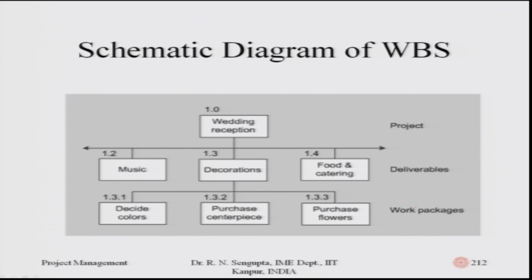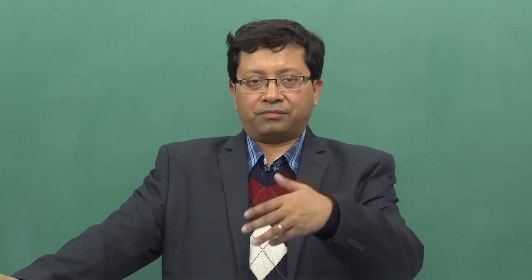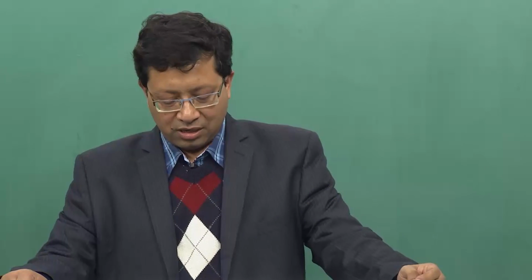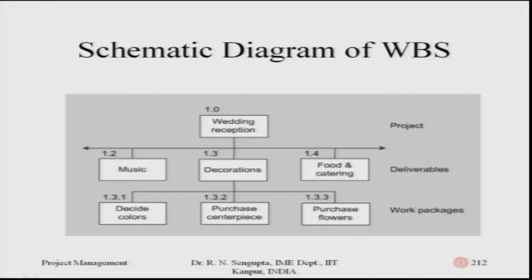Under decorations, you decide the colors, what types of cloths should be used, you purchase the flowers, the different types of linens which you lay on the table, the mats and different types of cutlery sets which you are going to use, considering that is a part of the decorations. Then you purchase the different things which are used for the marriage party.